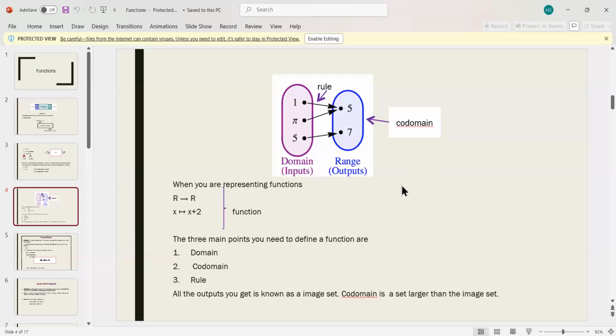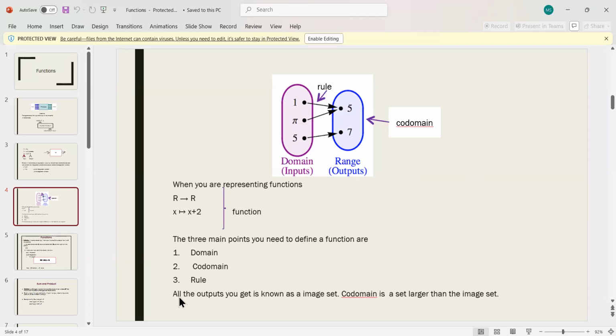Now consider like this. The image set is 1 to 10. Now I can define a codomain from minus 100 to plus 100. That means within minus 100 to plus 100, the image set is also included. Can you understand that?